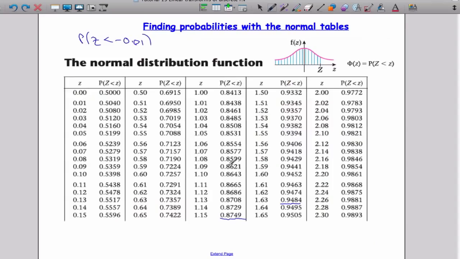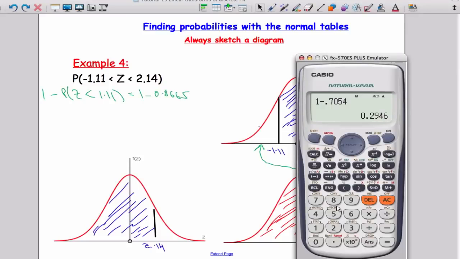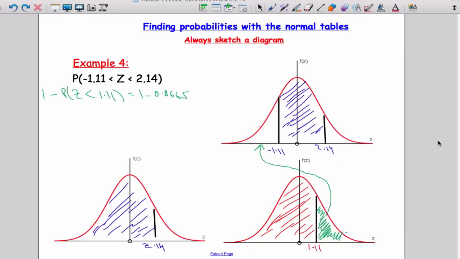So let's go back to my table. 1.11 is here, which is 0.8665. 1 minus 0.8665 gives me 0.1335. Now I'm going to take this value away from this area here.